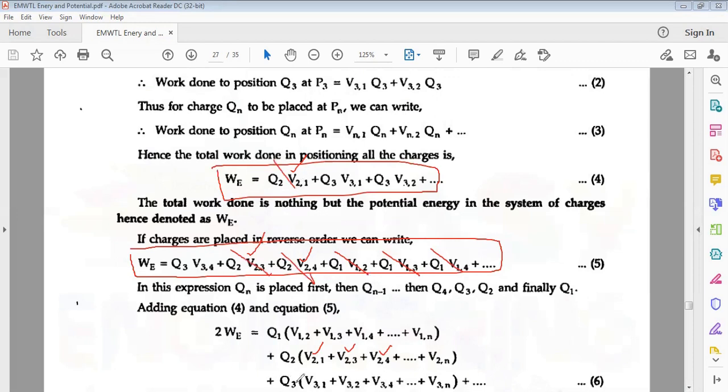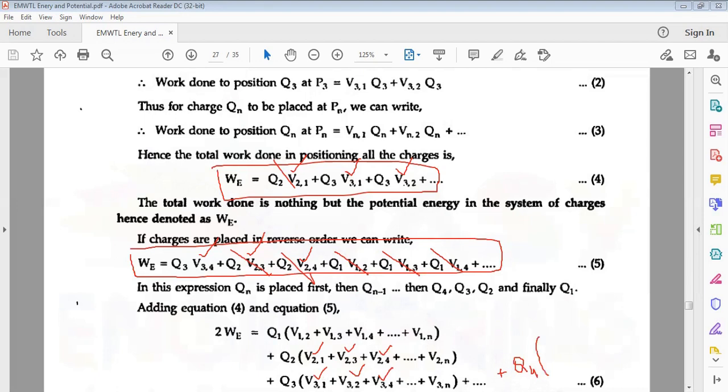Then take Q3 as common: V31, V32, plus V34, and so on, up to V3N. And you can take Q4 also.